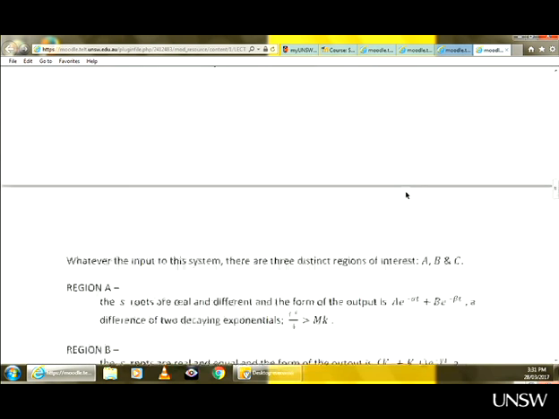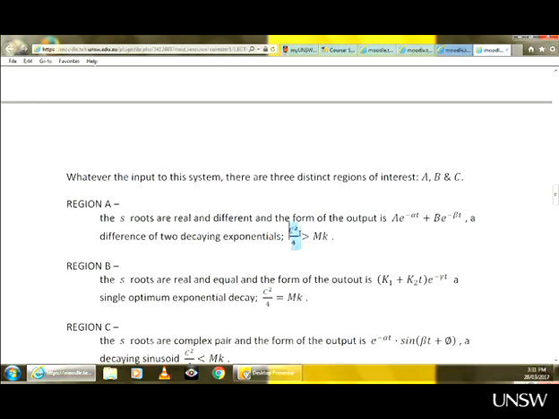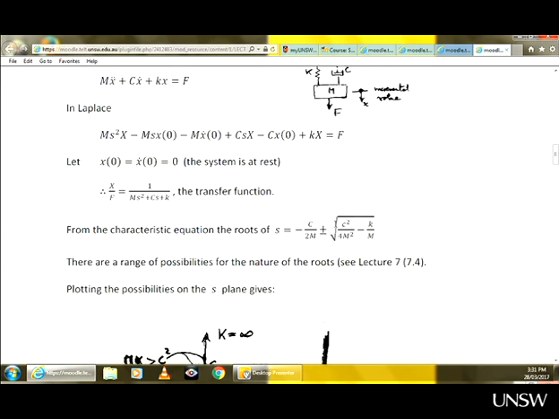So first case, if C squared over 4 is greater than MK, back here. That means that the discriminant, the argument of the square root function, is positive. That means that the square root gives us a real value. And now you have another real value here. So you have minus one real value plus minus another real value. So you're going to have two real and different roots.